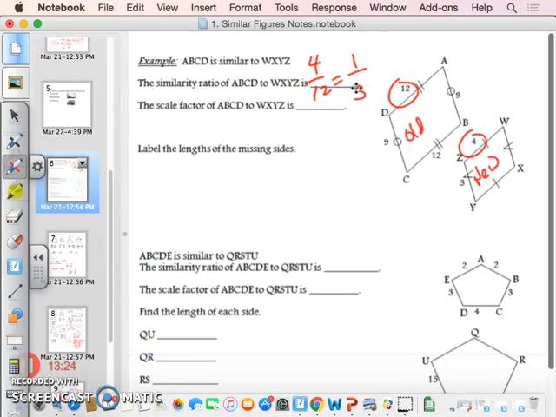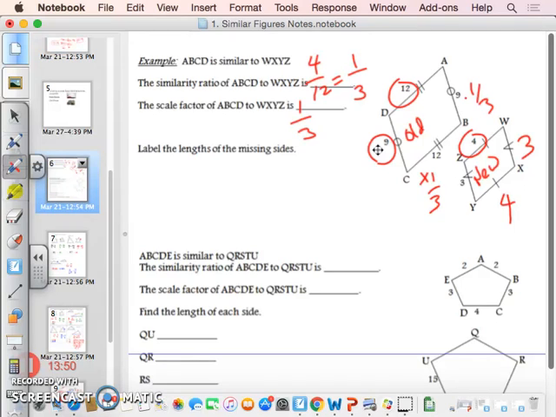And so my scale factor is 1 over 3. So if I want to find my missing side lengths, I just simply take the old shape times 1/3. So 9 times 1/3 is 3. 12 times 1/3 is 4. And over here I know that 9 times 1/3 is also 3. So that's how I can find my missing side lengths.